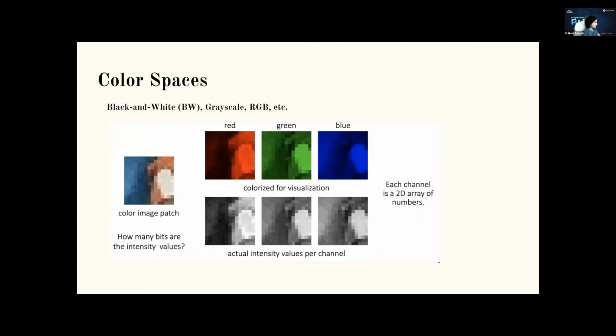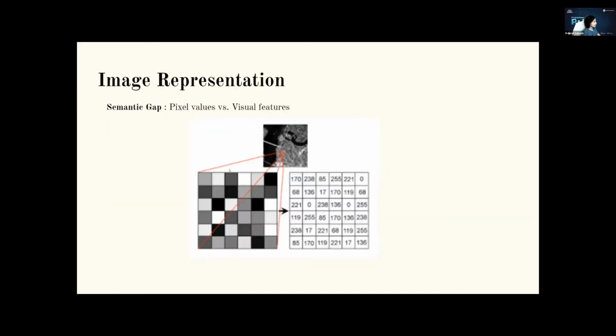So we just saw black and white and grayscale, and RGB is the most commonly used color space to represent color images.